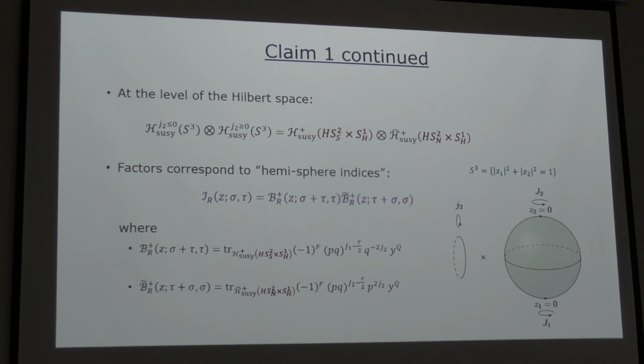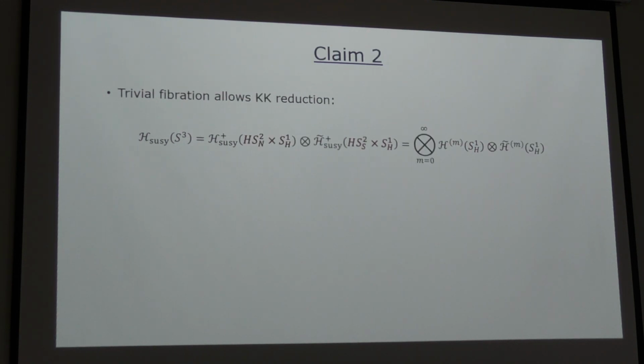Okay, so that's the detailed claim one. But now, of course, I was talking about modularity. So far, there has not been any modularity, so let me now make my claim two. The idea is that this trivial fibration allows me to do just a standard KK reduction. So I first factorize my Hilbert space into these two Hilbert spaces defined on hemispheres times circles. And now I can KK reduce the Hilbert space on the hemisphere, just because it's a direct cut.